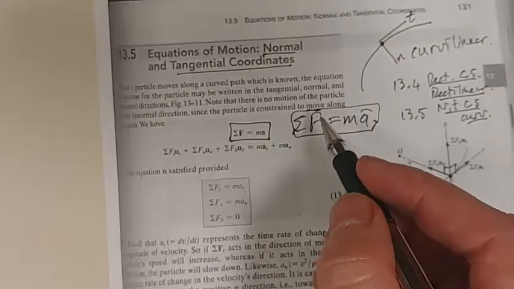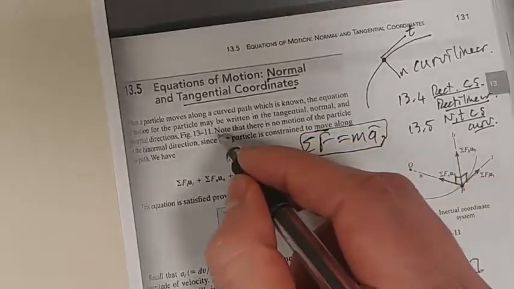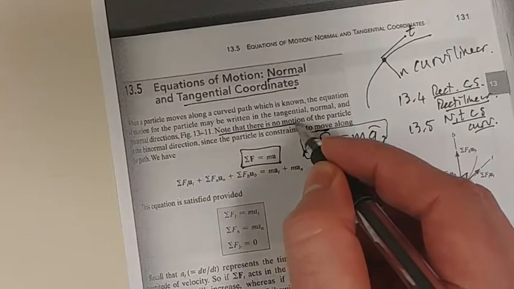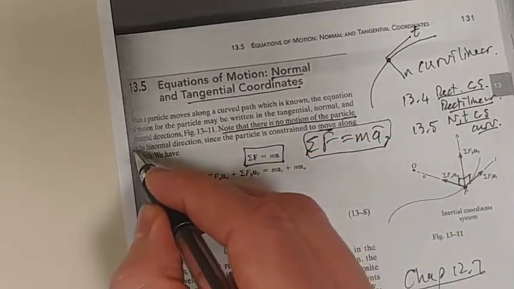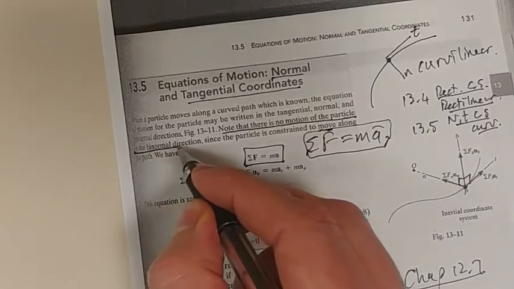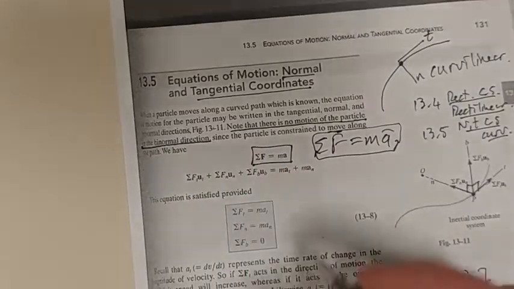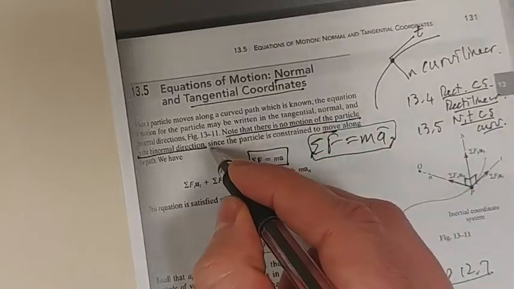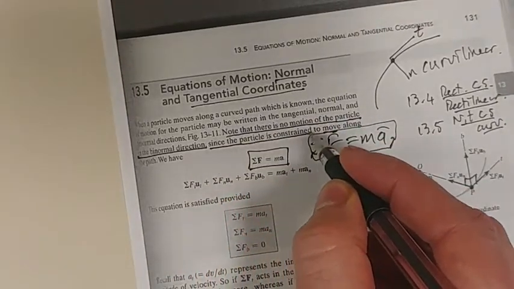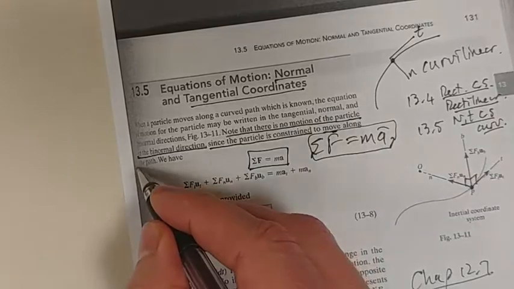And essentially, please take note of this. Note that there is no motion of the particle in the binormal direction since the particle is constrained to move along the path.